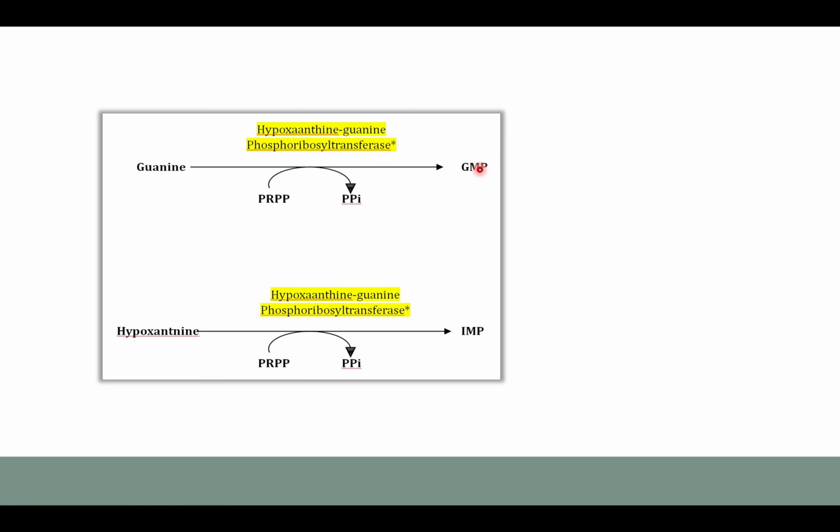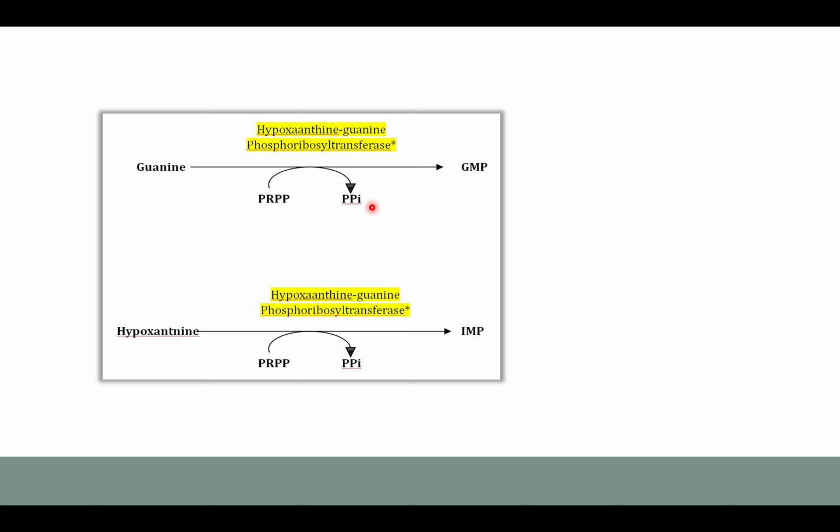Guanine gets converted to guanine monophosphate in the presence of enzyme hypoxanthine guanine phosphoribosyl transferase, utilizing one molecule of PRPP, releasing two molecules of phosphorus. Similarly, hypoxanthine to IMP is via hypoxanthine guanine phosphoribosyl transferase.